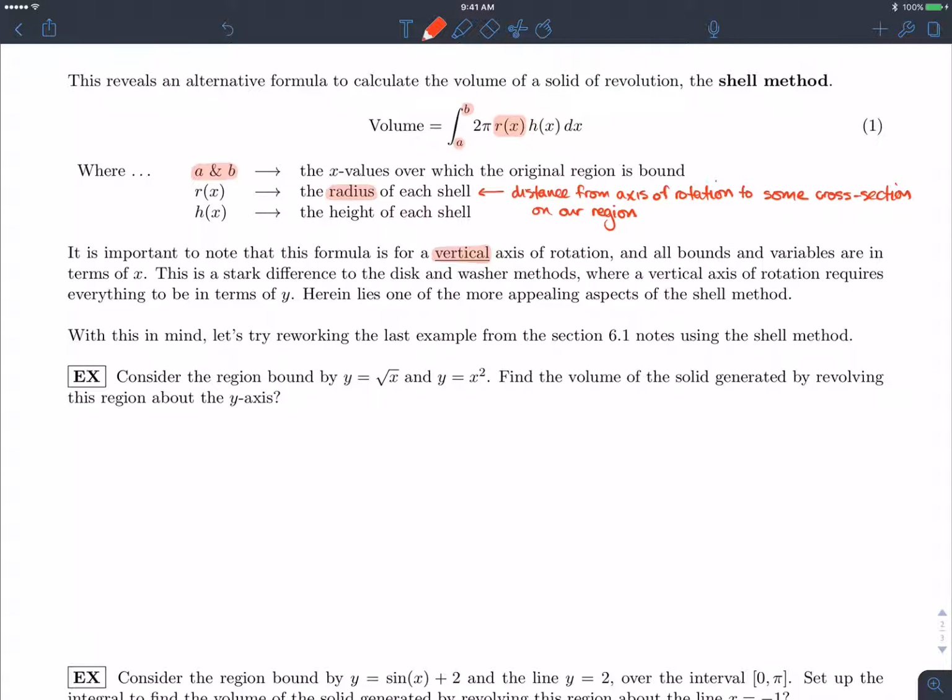In many cases, at least with the vertical axis of rotation, it's going to be something involving x, because it's a distance from the axis to the region on the x-axis.